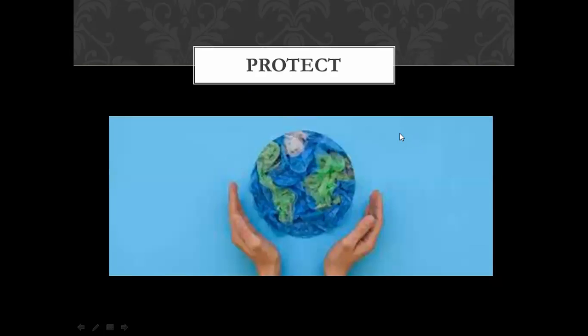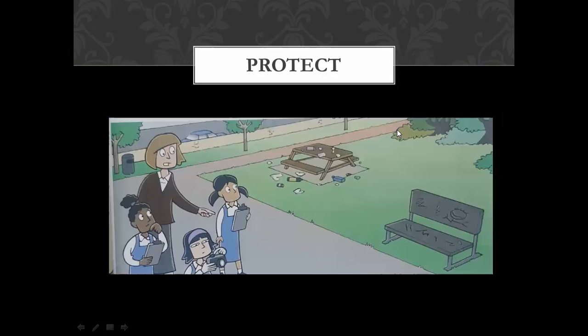How do we protect our environment? Coming to activity 1.2, page number 9 of your books. You can go outside and look around and look after your environment, whether it is clean or dirty.